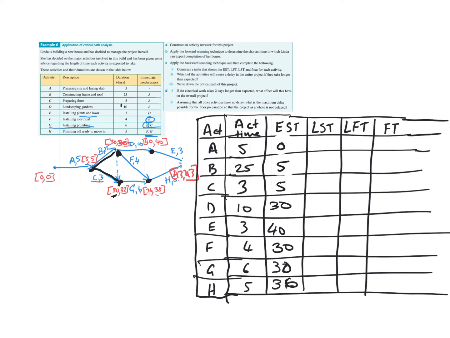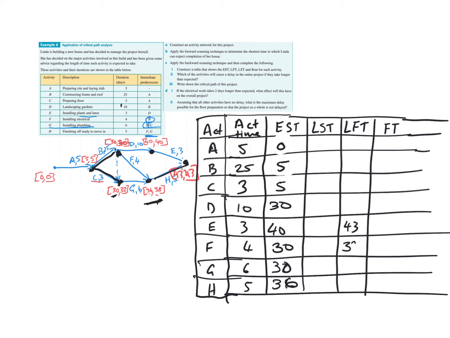Okay, the latest start time is what we determined with our backward scanning. Actually, latest finishing time is what we determined with that there. So we're looking here. E and H both have a latest finishing time of 43. And then from 43 back, we're going to look at this vertex, which has F and G finishing at that particular one, and they have the latest finishing time at 38.